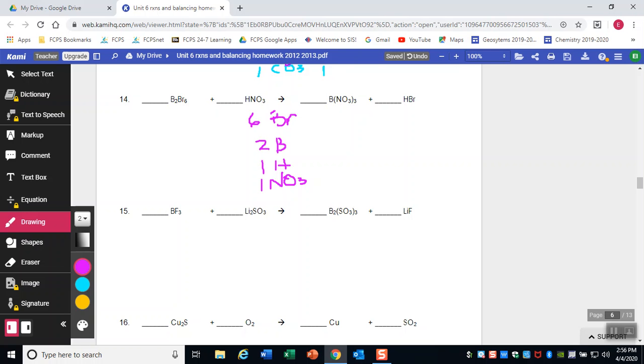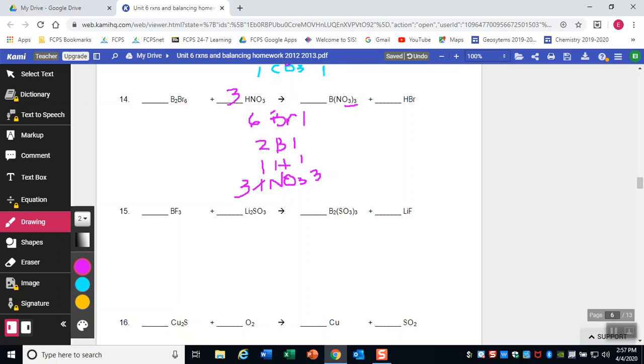And 1 boron, right? This 3 is only for here, so I've got 3 nitrates, and 1 hydrogen, and 1 bromine.